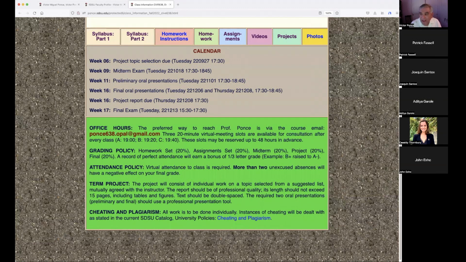It would confuse the whole thing. So I have several emails. I actually have 4 or 5 emails that I actively work on. If you want to talk to me, you'd have to talk to me through the Opal email. Why Opal? Because that's the name I gave it to distinguish it. Those of you that are taking 634 would notice that the name out there is not Opal, it's Jade. Okay, so Ponce638 Opal is the email for this class.